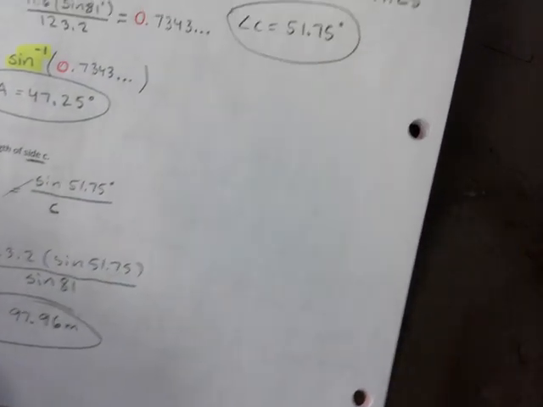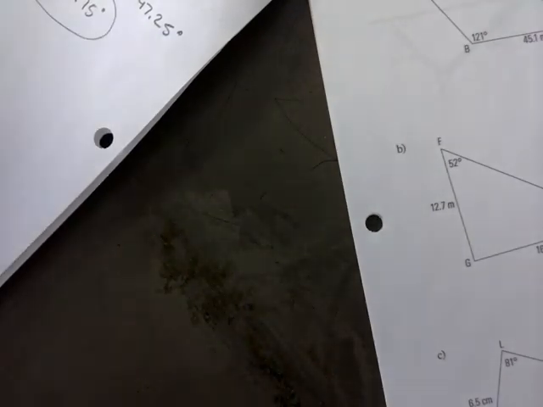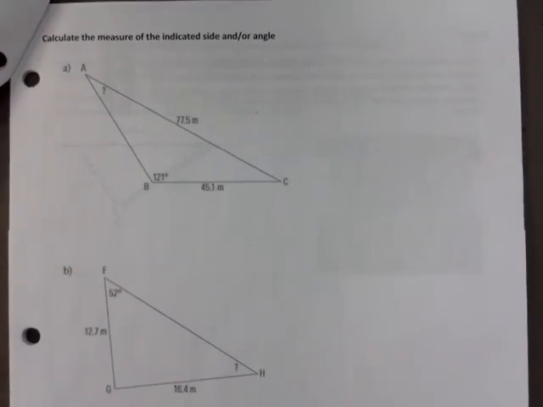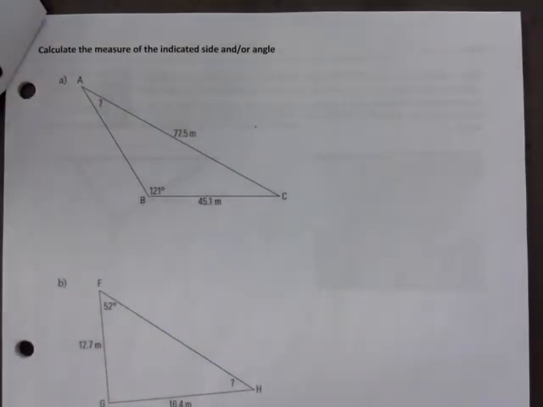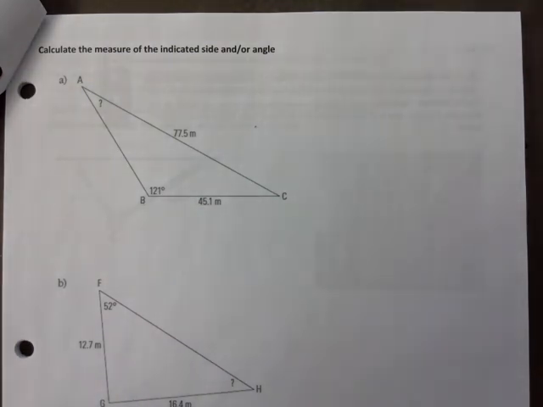You're going to go to page 8. And let me just see here if I want you to solve the whole thing or just the side. Yeah, just solve for what the question is asking you.